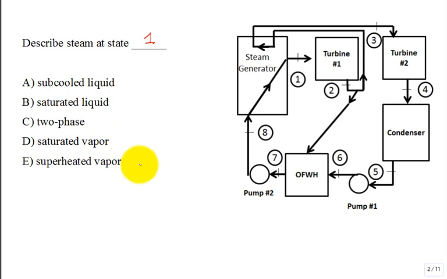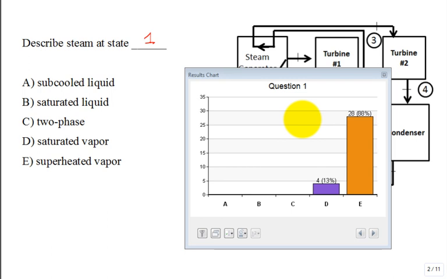What is the best description of the steam at state 1? Where is state 1? Right here. And it's superheated vapor. That's typically what comes out. It's good to come out superheated. All right, so let's switch over here to E.